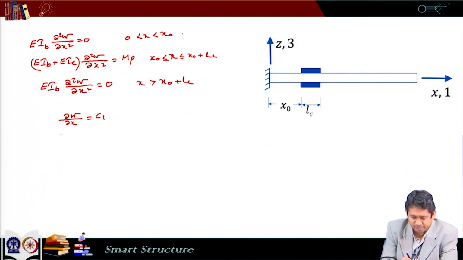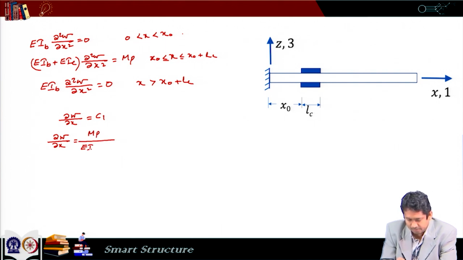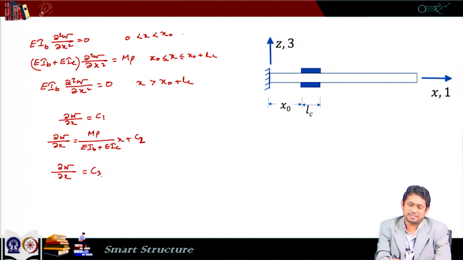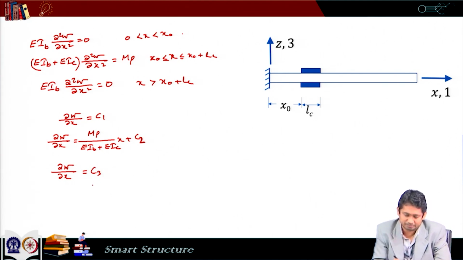Then for the second equation we have del W by del x is equal to MP by EIB plus EIC x plus C2, and for the third equation we have del W by del x is equal to C3. It is a C2 constant here for the second case. For the third case it is C3.